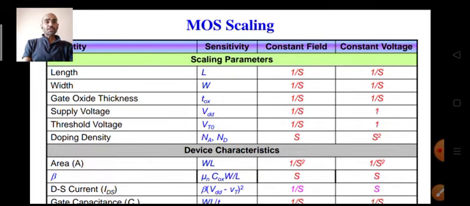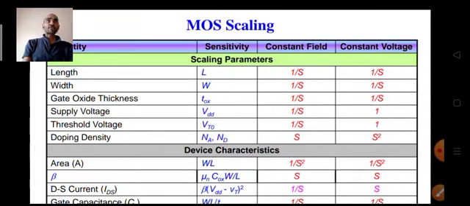So when you do constant field scaling, length, width, oxide thickness, supply voltage and threshold voltage all get multiplied by the factor 1 by s, or you can say they are divided by s. But when you do constant voltage scaling, you keep your supply voltage constant.